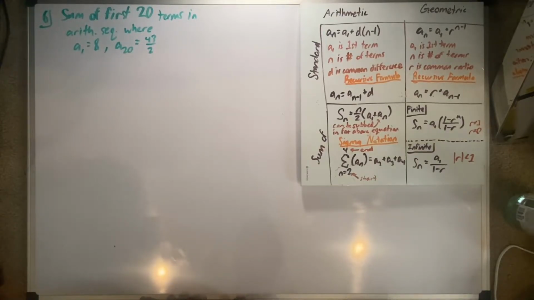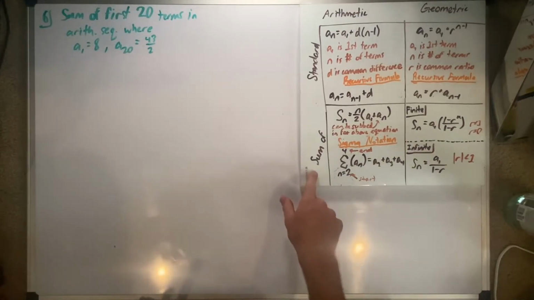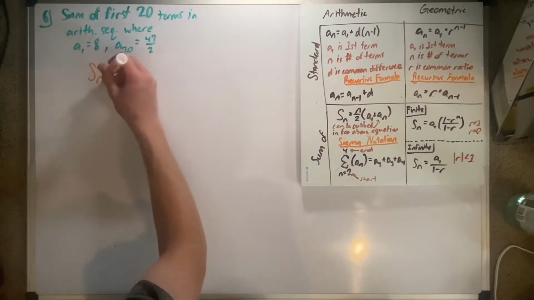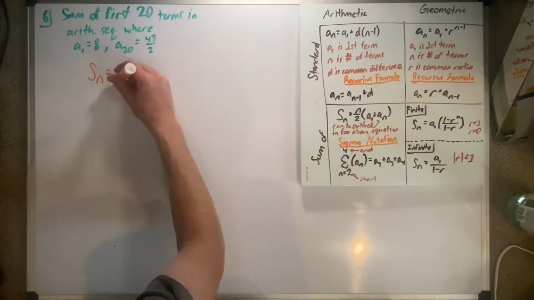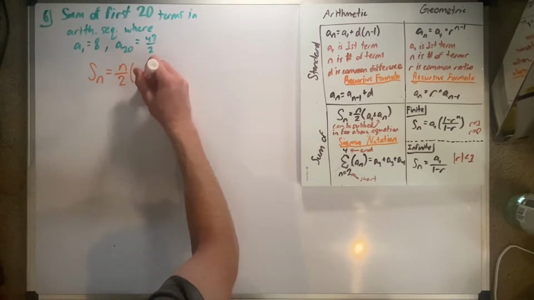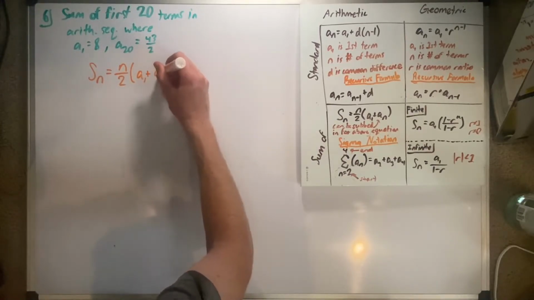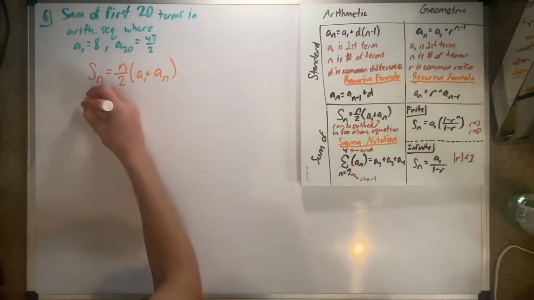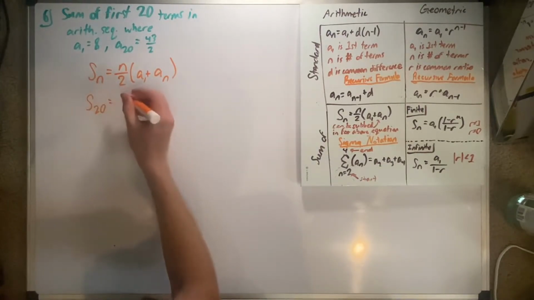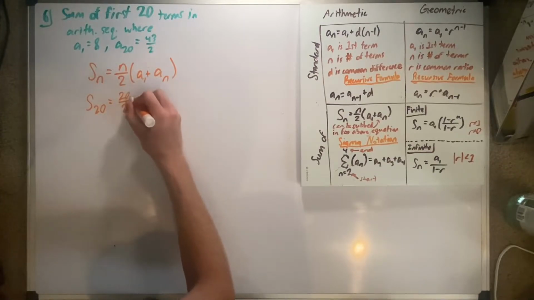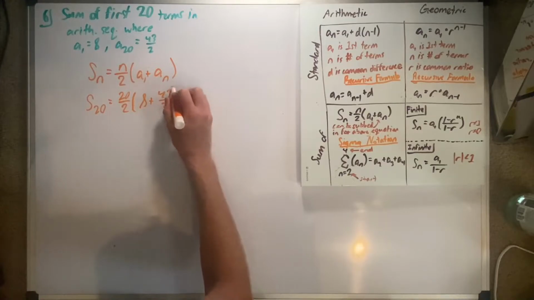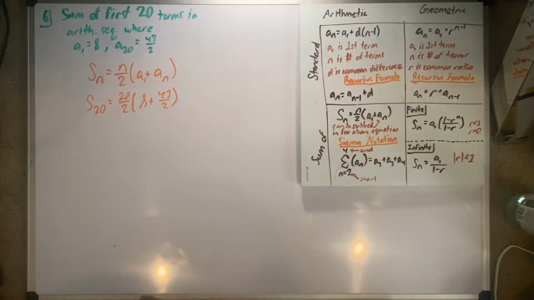What's very nice about this problem is that we have an equation that perfectly models this already. Our equation for the sum of an arithmetic sequence is Sn equal to n divided by 2 times the first term plus the term that you're going to. So S20 is equal to 20 divided by 2 times the first term, 8, plus the term at 20, which is 43 over 2.